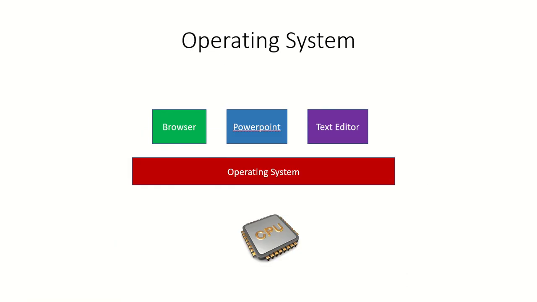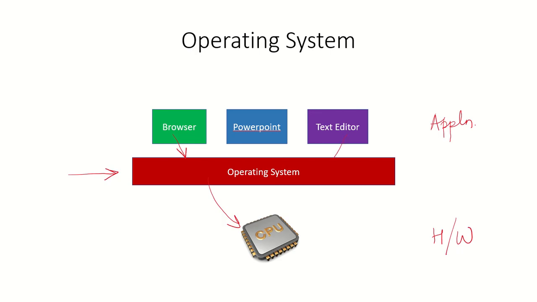If we look at this diagram, we see that this OS is providing the kind of management that is required between the applications which are running on the hardware. Any application which requires to use any hardware resource would have to send a request to the operating system, and the operating system would manage the resources on behalf of that particular application.